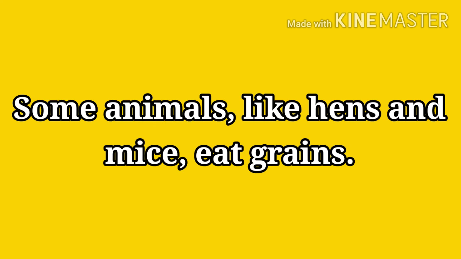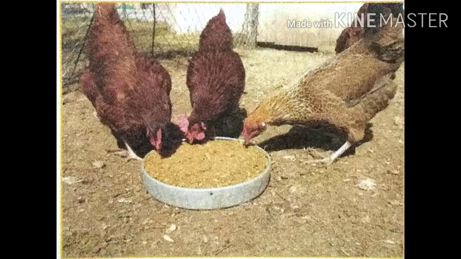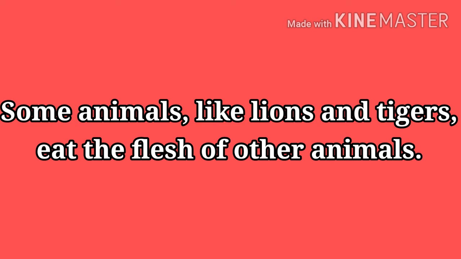Next, some animals like hens and mice eat grains. These animals eat only food grains. Which animals? Hens, mice, peacock, like this. Here is the example you have been shown. Hens are eating grains.